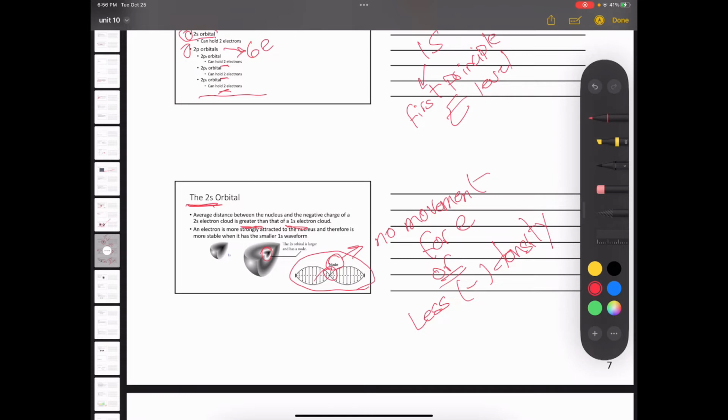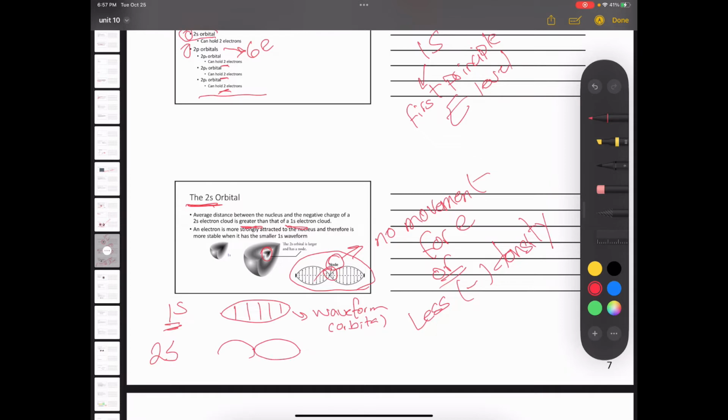If you remember when we talked about the 1s orbital in the first energy level, the waveform looked like this. This is the waveform. And again, when we say the waveform, that means it is the orbital. In the second principal energy level, the waveform looked quite different.